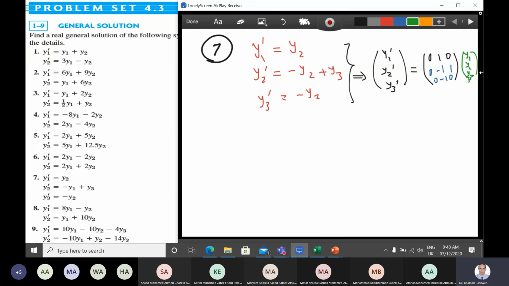Okay. Now the main point here is to solve using the eigenvalues and eigenvectors. I have this matrix A in Matlab as 0, 1, 0, and then semicolon, the second row, 0, minus 1, 1, and then semicolon for the third row, 0, minus 1, 0. If you have Matlab, please do it.